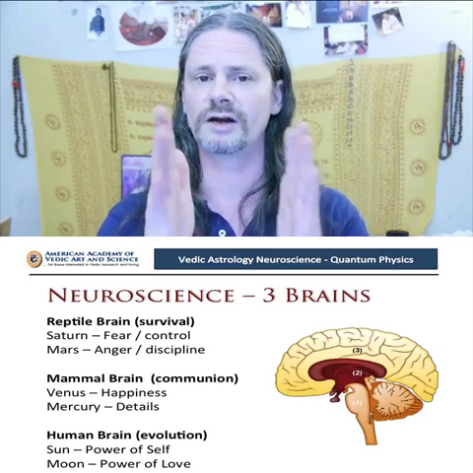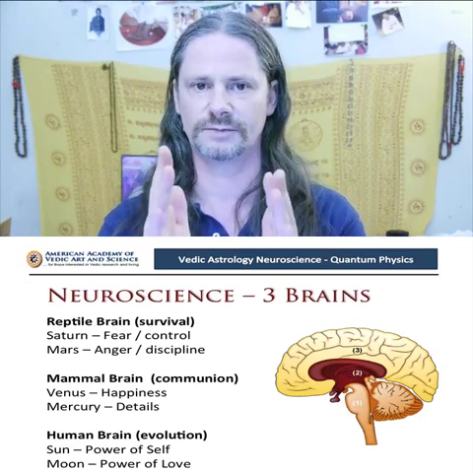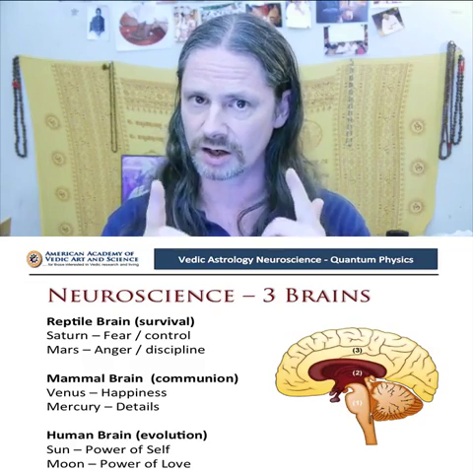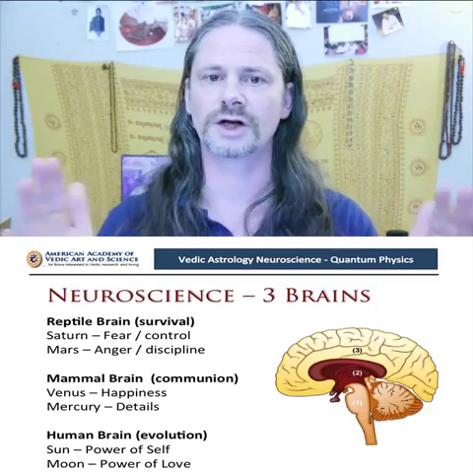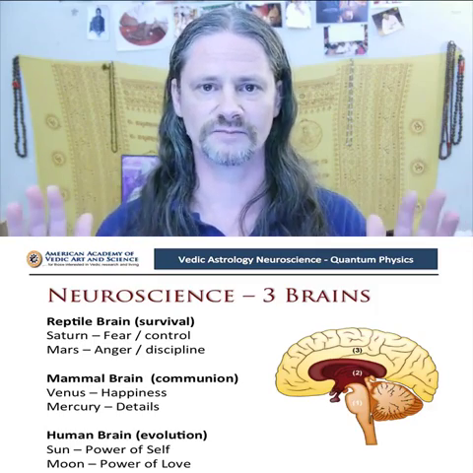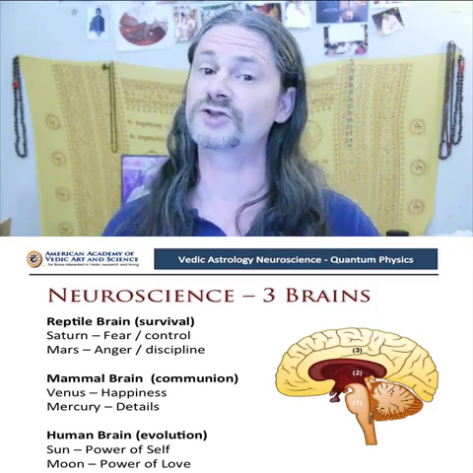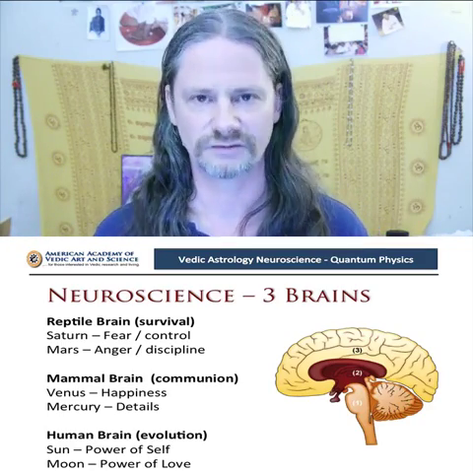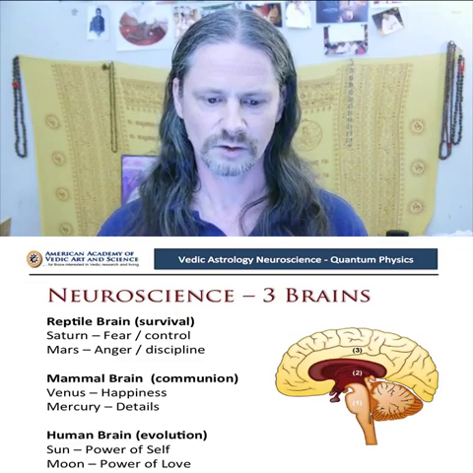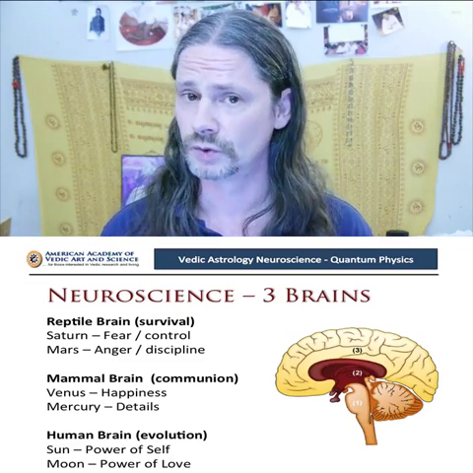I'm talking about mutual relationships, like romantic relationships, which are Rajasic, and all other kinds of social interactions, with the exception of children and parents, because that's a Sattvic relationship related to the Sun and the Moon.